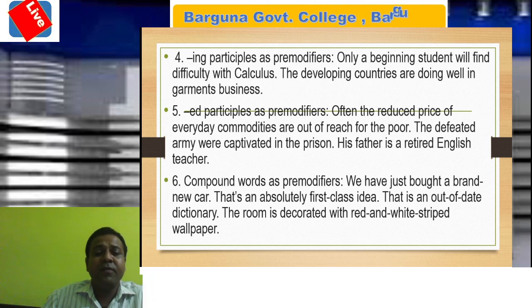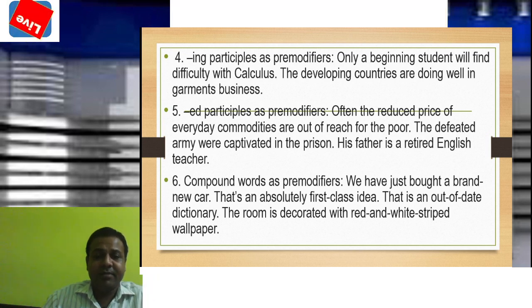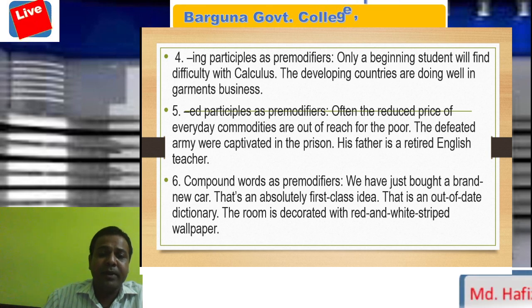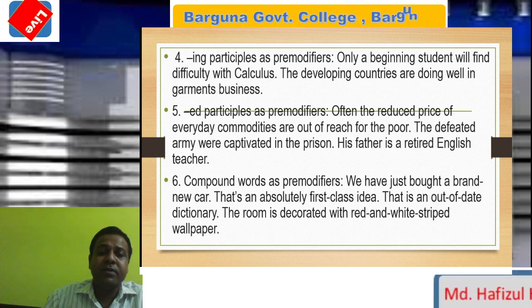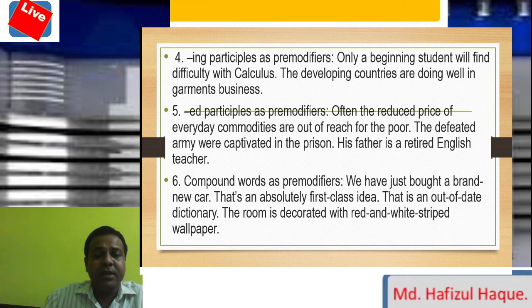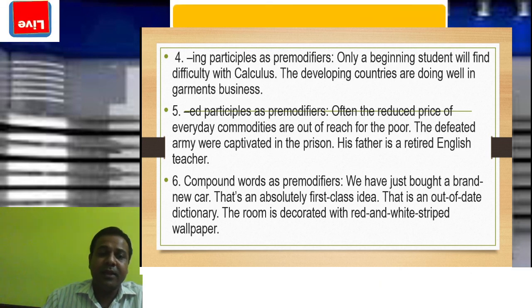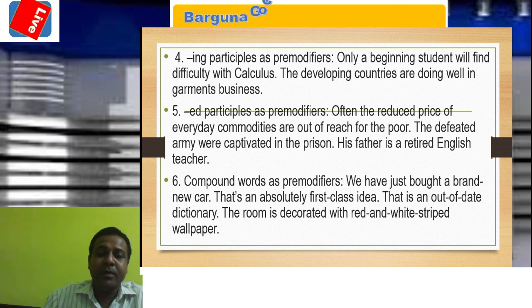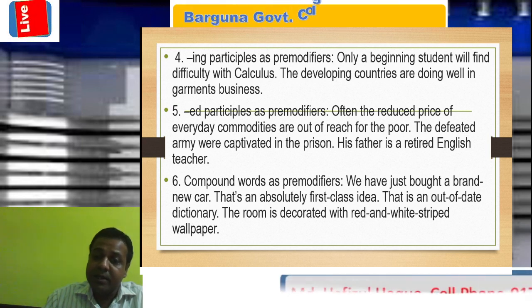That's an absolutely first-class idea. Here, first is a word, class is another word, and the two words are placed side by side to give another meaning, and it focuses on a first class idea. So first class is a compound word and it can be used as a pre-modifier because it pre-modifies the noun idea.